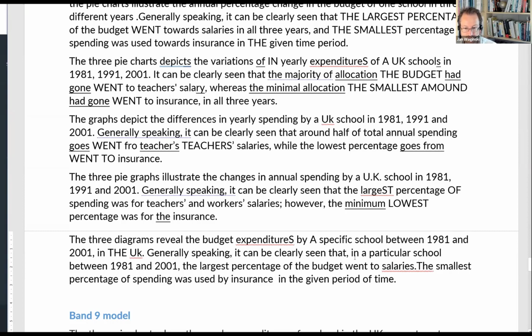It can be clearly seen that. You don't need this in one particular school, or in this particular school. The budget went to salaries. The smallest percentage of spending was used on insurance or used for insurance.